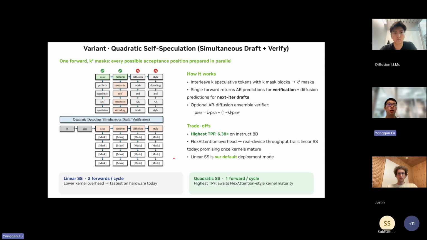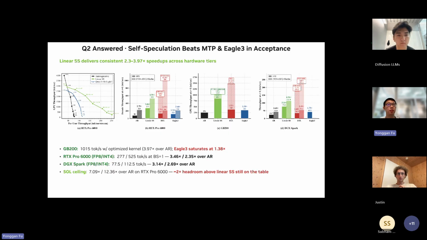Okay, so among all these modes, linear self-speculation is the most promising decoding mode, achieving the highest tokens per forward. Let's compare it with the existing multi-token prediction method. We pick Eagle 3 as our baseline, which is one of the most popular multi-token prediction methods. This figure shows the system throughput versus per-user throughput trade-off.